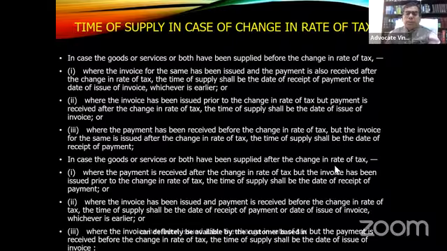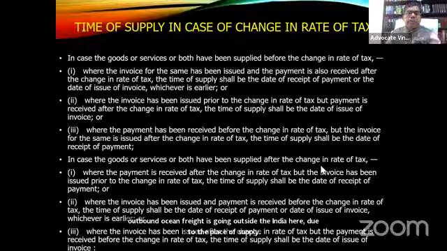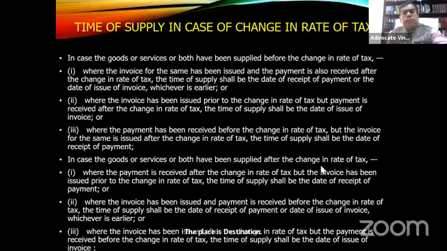Now, another question is in the case of air and ocean freight services. The service provider and service receiver are both in India, but the outbound ocean freight is going outside India. Here, the place of supply is the destination. You see, with respect to freight outside India, let us have a look at Section 13.